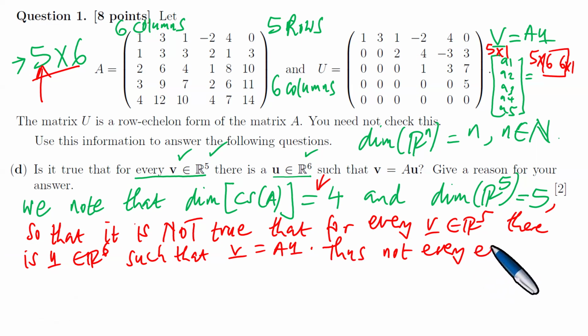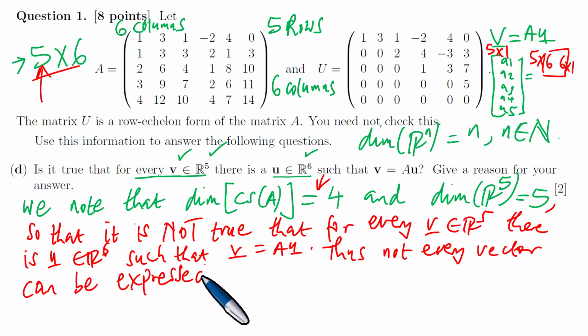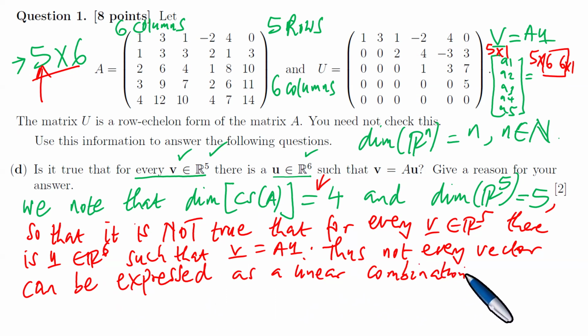Thus not every vector can be expressed as a linear combination of columns in A. So this is exactly what we have.